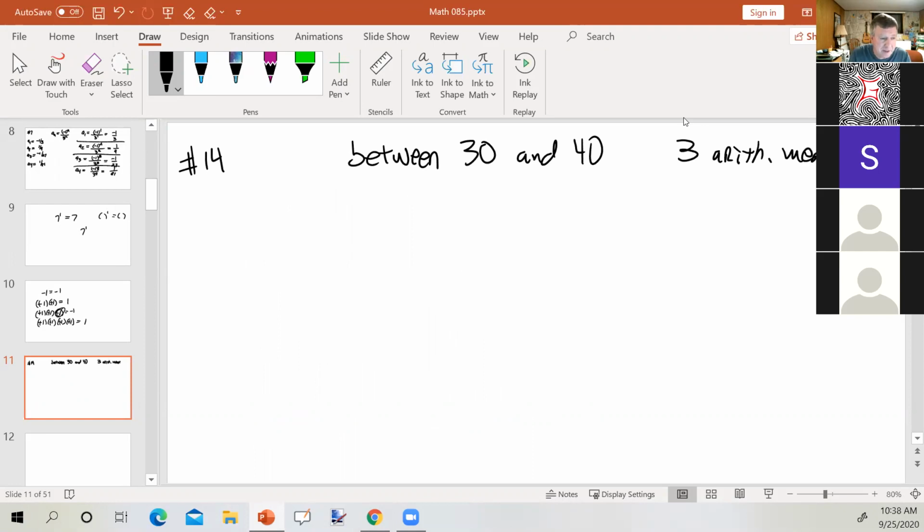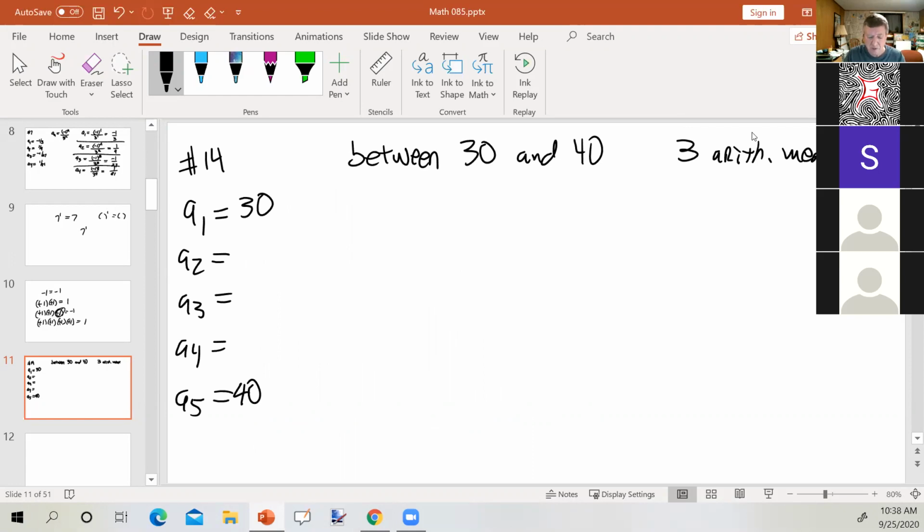That means a sub 1 is 30, a sub 2, a sub 3, and a sub 4 are going to be the 3 arithmetic means, and a sub 5 is 40.